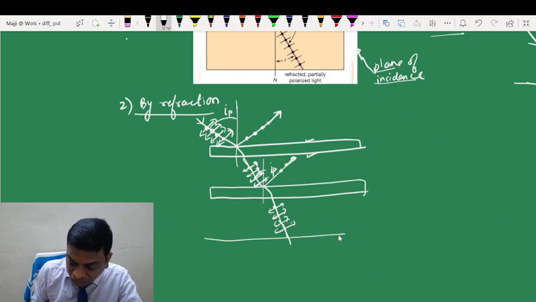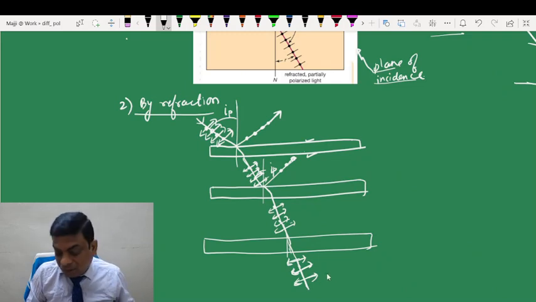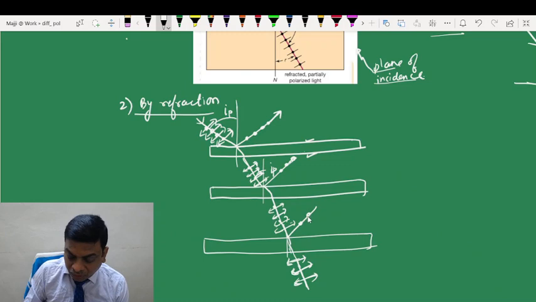Then again it is made to pass through another transparent slab. Same phenomenon is repeated again and again till the final emergent ray, that is the refracted ray, becomes sufficiently rich in the electric field components which are parallel to the plane of incidence, and most of the dot components are all carried away by the reflected rays.